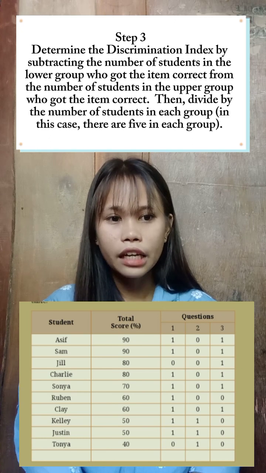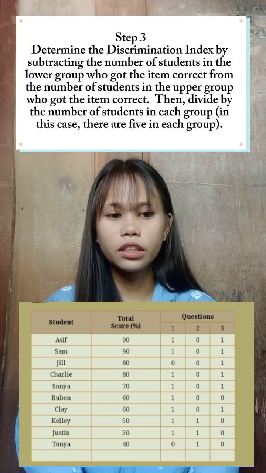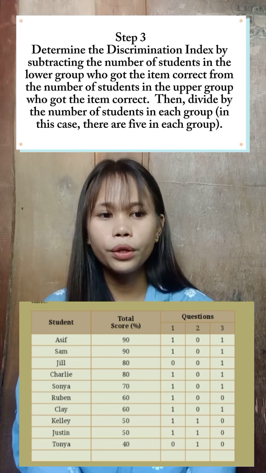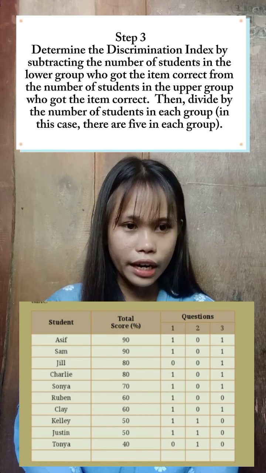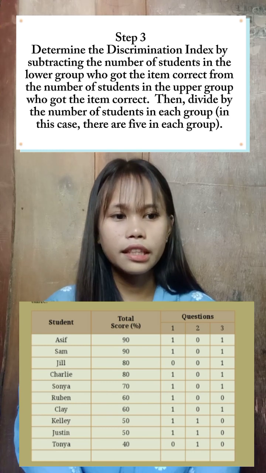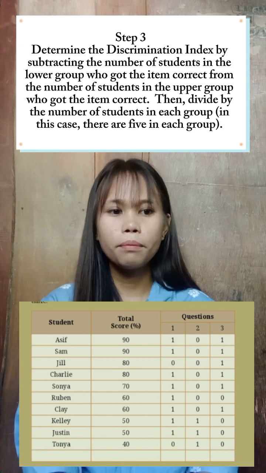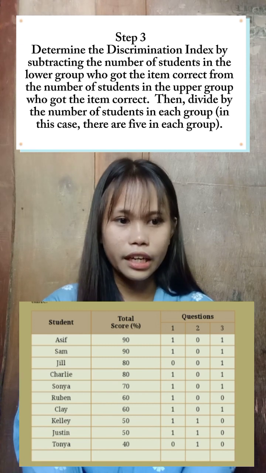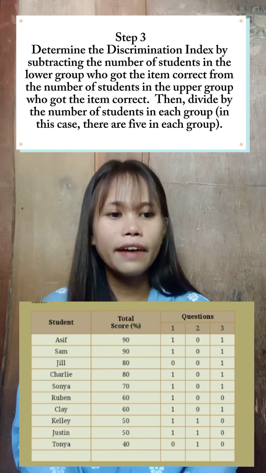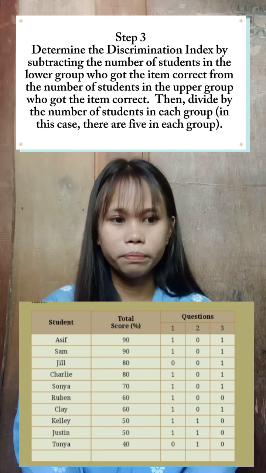Step number 3, determine the discrimination index by subtracting the number of students in the lower group who got the item correct from the number of students in the upper group who got the item correct, then divide by the number of students in each group. In this case, there are 5 in each group.